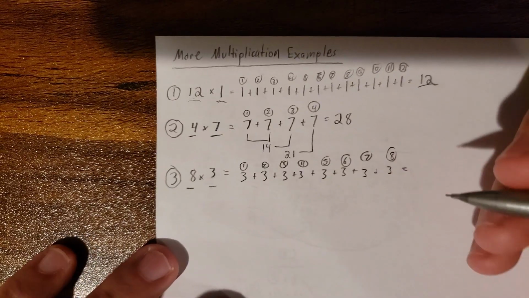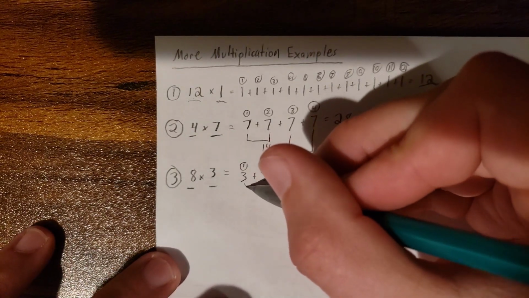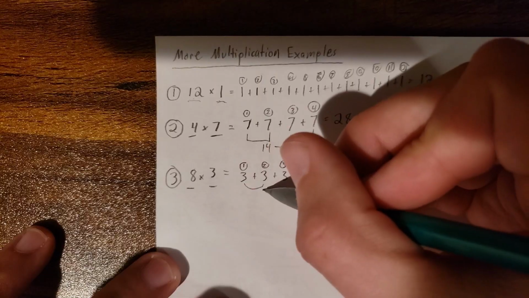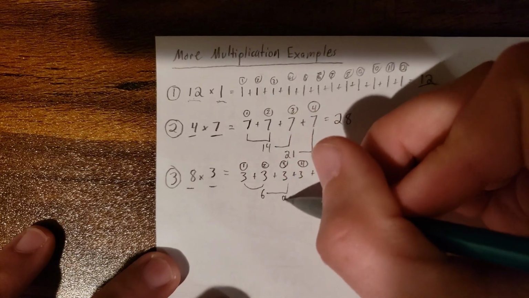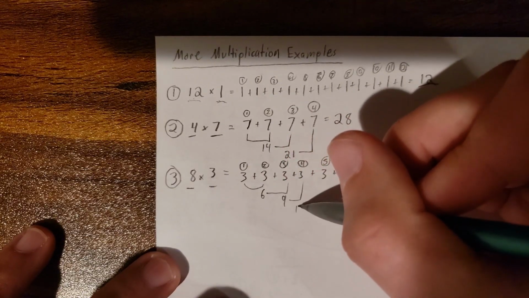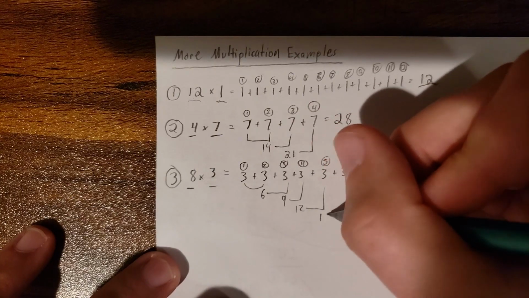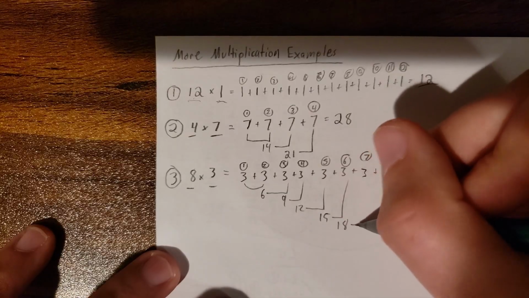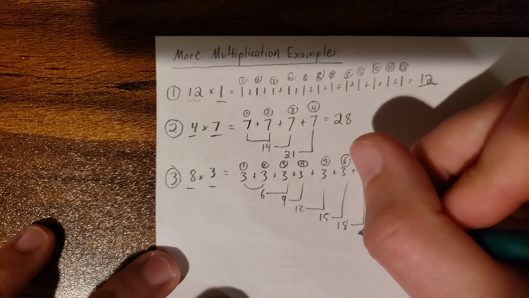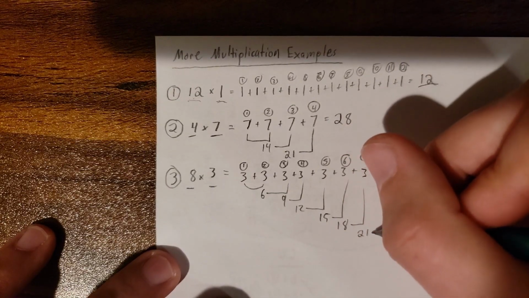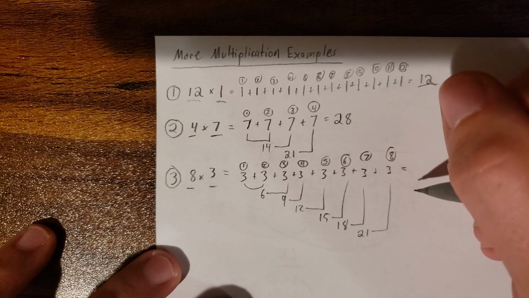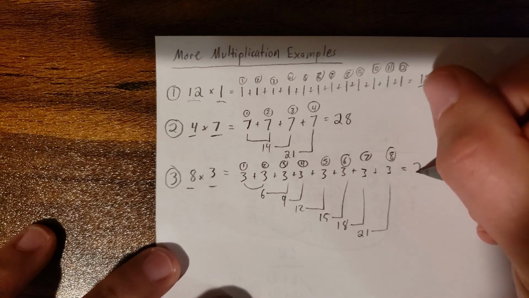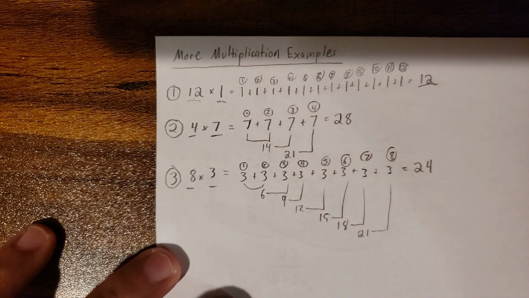We can do this math pretty quickly. 3 plus 3 is 6. 6 plus 3 is 9. 9 plus 3 is 12. 12 plus 3 is 15. 15 plus 3 is 18. 18 plus 3 is 21. And 21 plus 3 is, that's right, 24.